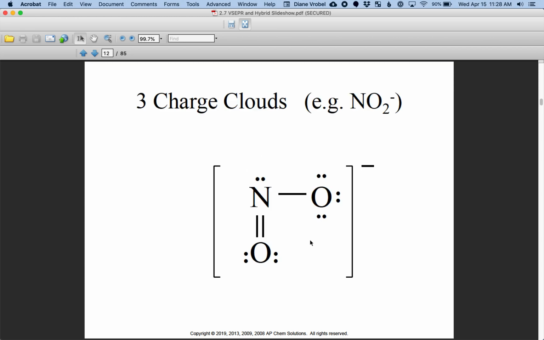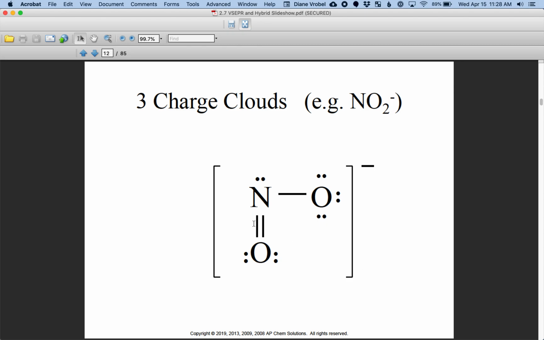Okay, so here is the NO2 minus ion. Notice that it has an overall negative charge, and the difference here is we have a lone pair of electrons above nitrogen. So we actually have three charge clouds.